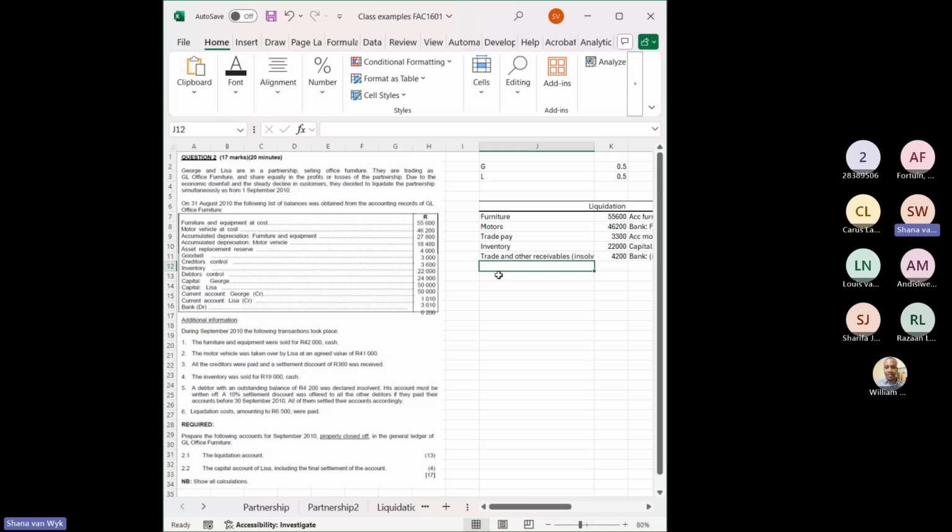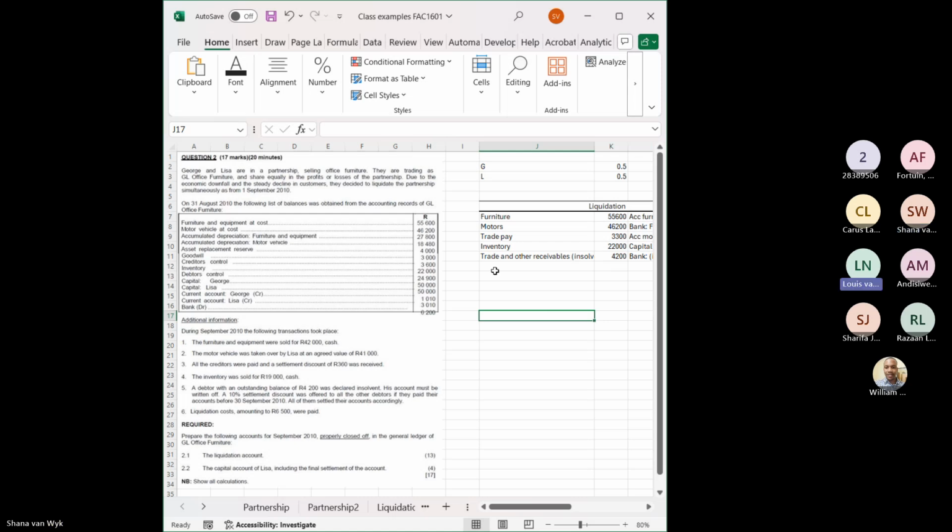Can we just move backwards to the trade and other receivables? If we look at trade and other receivables, the debtors control, that debtors control must be in that account. We must write off that 4,200.